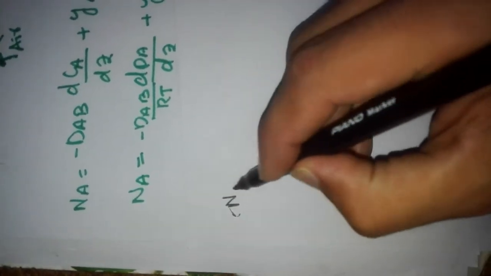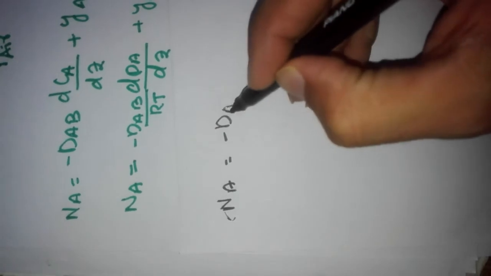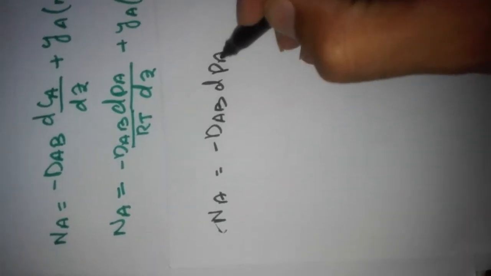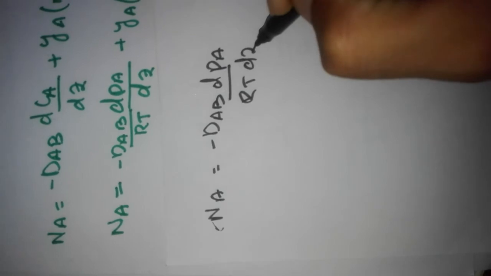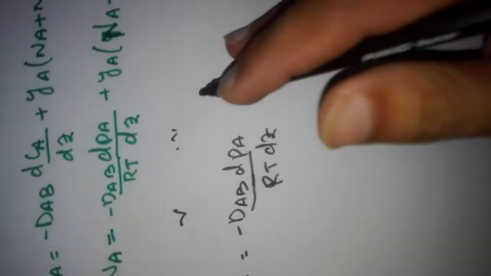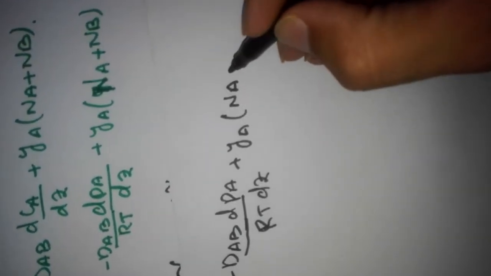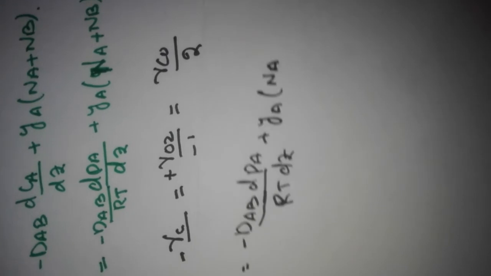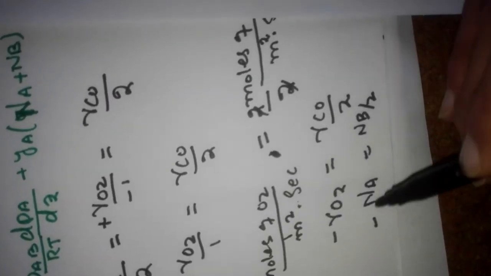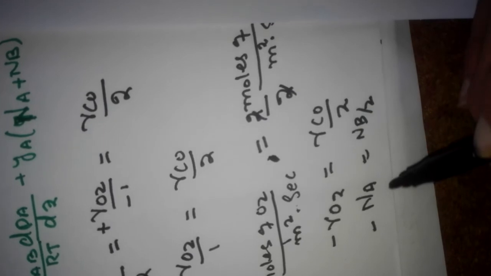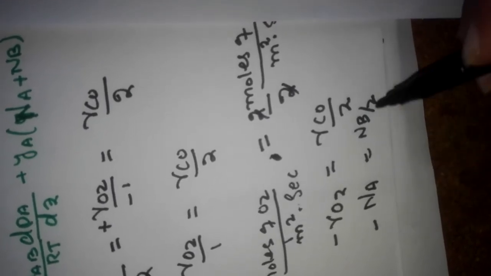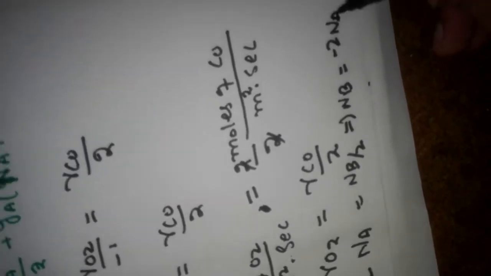So the general relation is Na is equal to minus DAB dPA by RT dZ plus Ya into Na plus Nb, and Nb is equal to minus 2 Na.